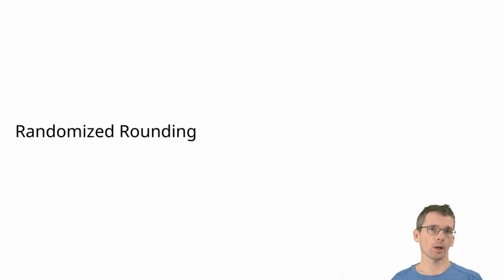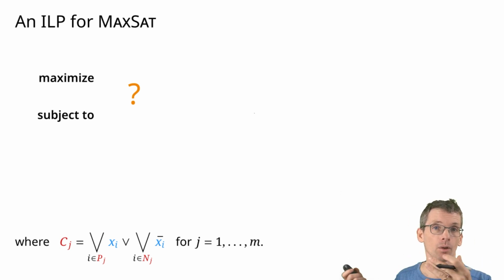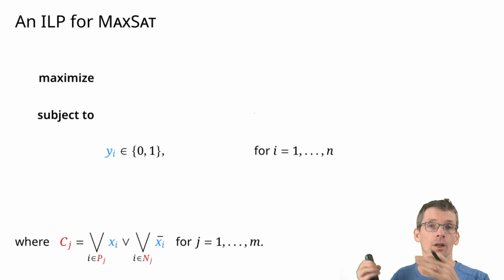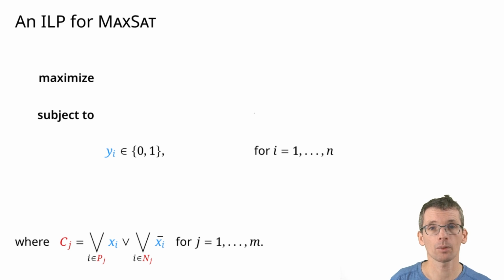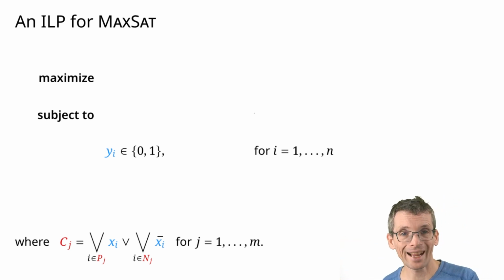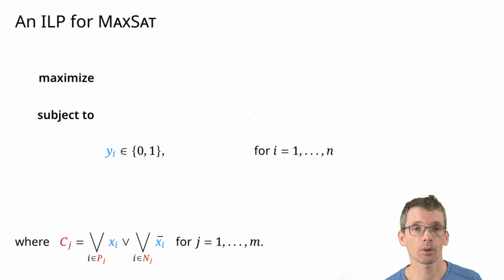So for randomized rounding, we first need to formulate MaxSat, so maximum satisfiability, as an integer linear program, so an ILP. We want to maximize the sum of the weights of the satisfied clauses, and we do so by appropriately setting the variables of our MaxSat problem. So we will have a variable in a linear program for each of the variables of the MaxSat problem, and we will call those variables yi for the variable xi of my satisfiability problem.